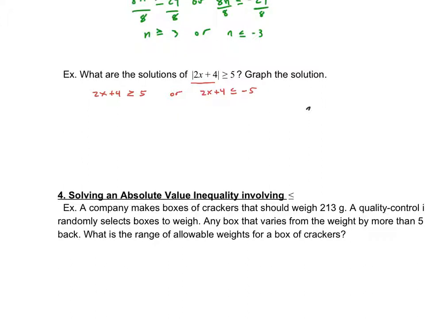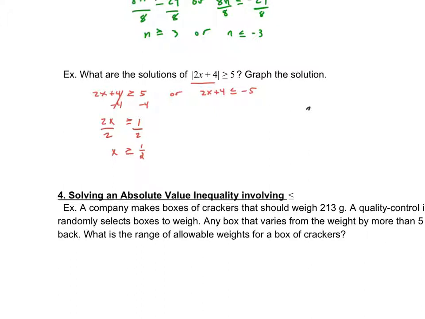If we solve each one independently, doing inverse operations to isolate the variable, for the first I subtracted 4 from both sides, combined like terms, and ended up with 2x is greater than or equal to 1. Divide by the coefficient on both sides, and x is greater than or equal to 1/2.